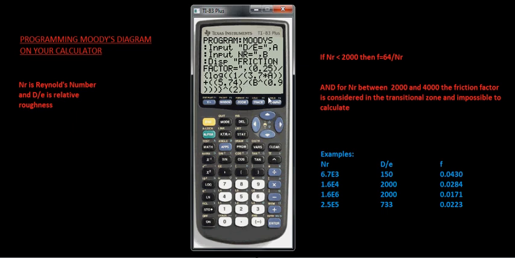Let me just check if I got the brackets right. Okay, 1, 2, that's okay. This is log, and okay, 1 over, yep, we got those right, plus 5.74 b to the power of 0.9 bracket, and bracket, this doesn't exist.